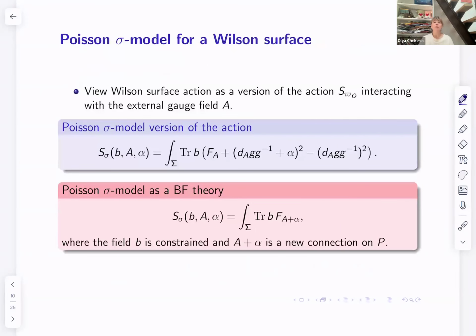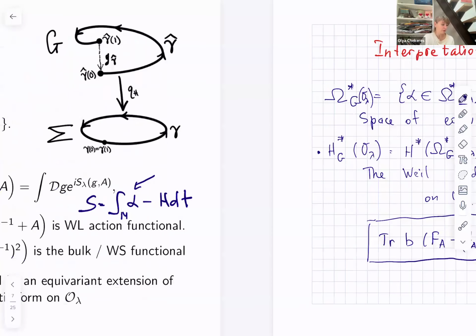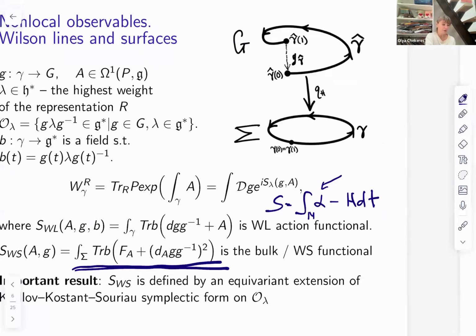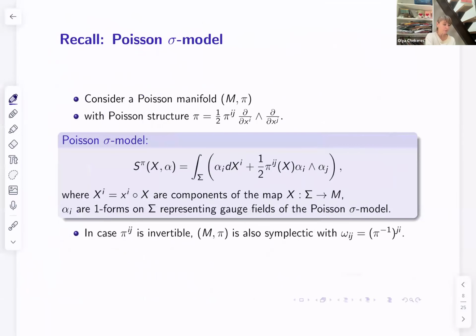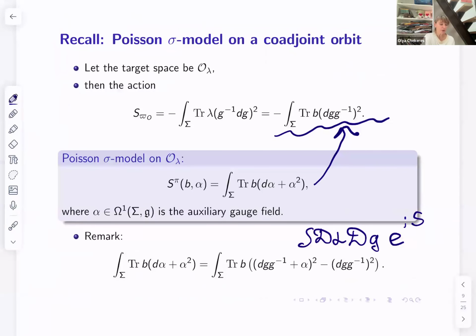Now, what happens with the action for the Wilson surface? In the beginning, we had, let me go back for a moment, this action. So here F_A stands for the curvature, and d_A stands for the covariant derivative including the connection A. We do the same trick here. We include an auxiliary field. We subtract.